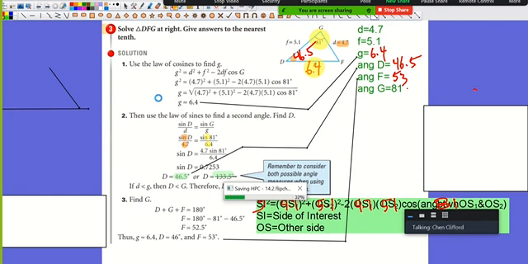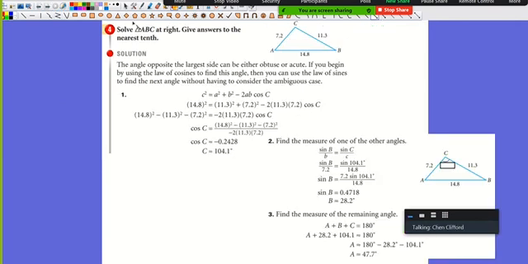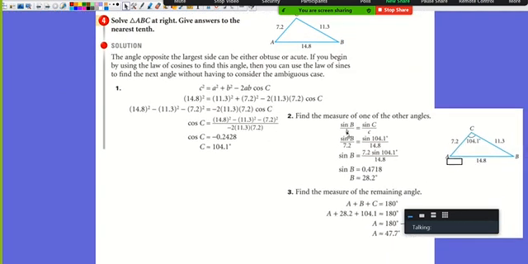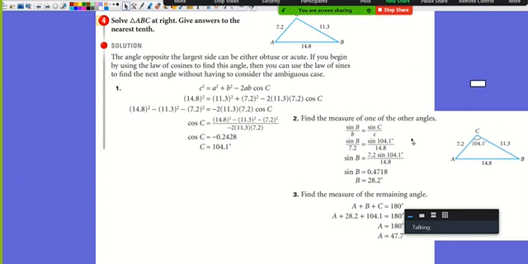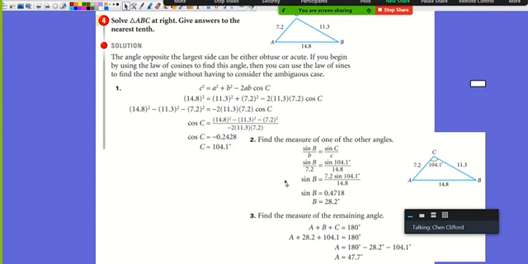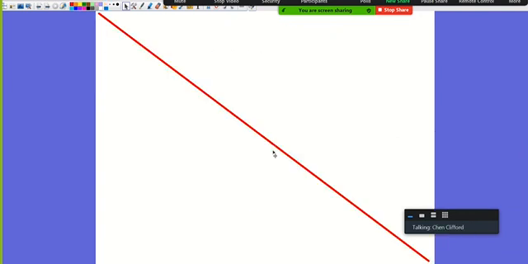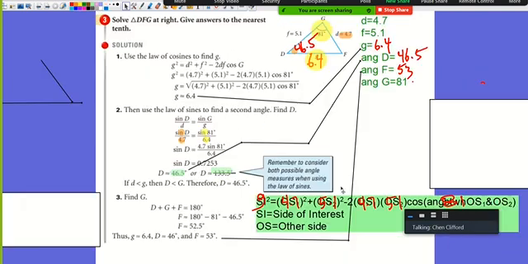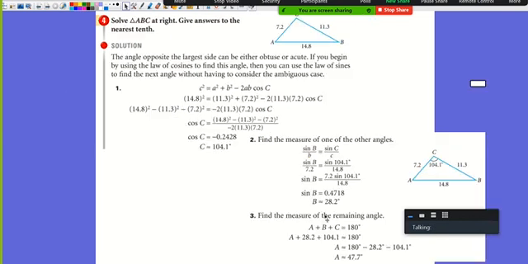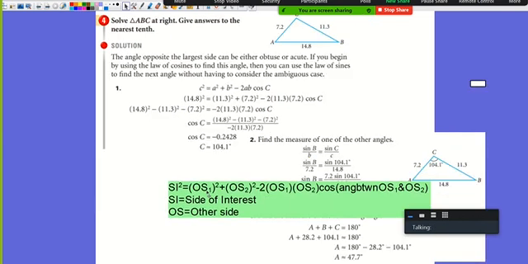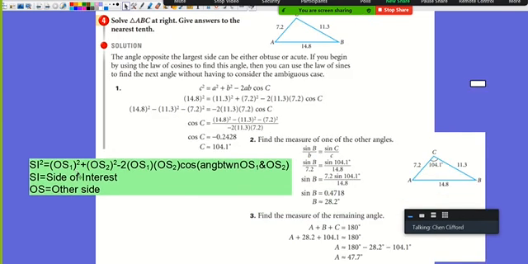All right, next example is pretty much the same thing, except we're going to do inverse cosine. So check this out. This is going to be like our second warm-up problem, number 3. So let's start by finding any angle.